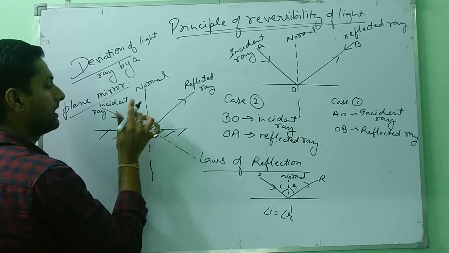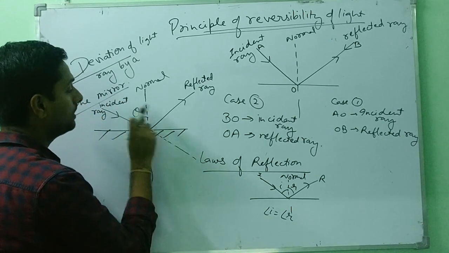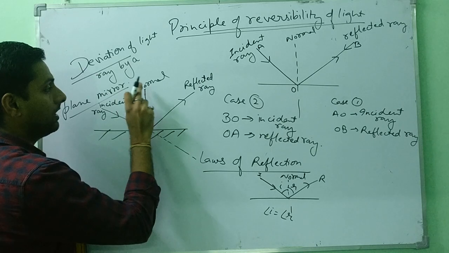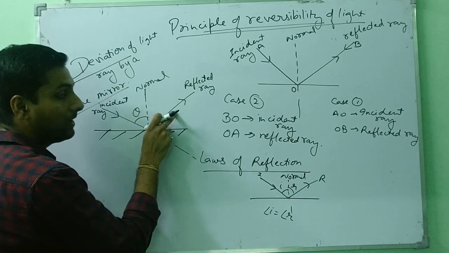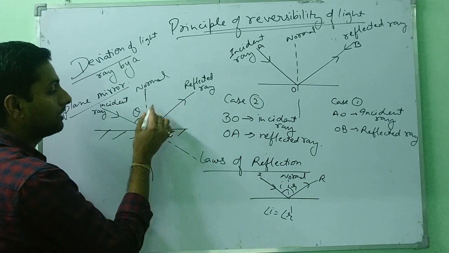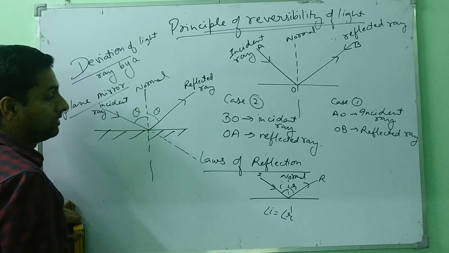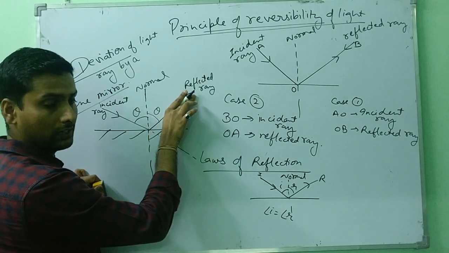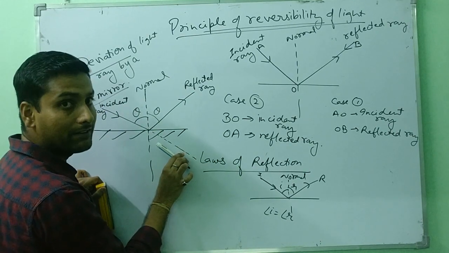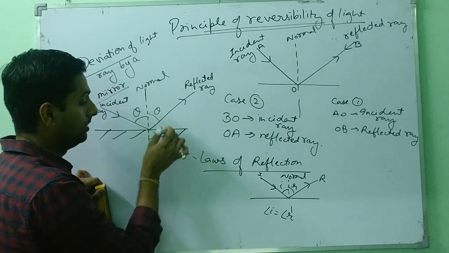Let us suppose it is theta. So, by the laws of reflection, the same angle will be made between the normal and the reflected ray, that is, equal to the angle of reflection. Now, this is the path of the final ray, and this is the path of your incident ray, the original path and the final path.